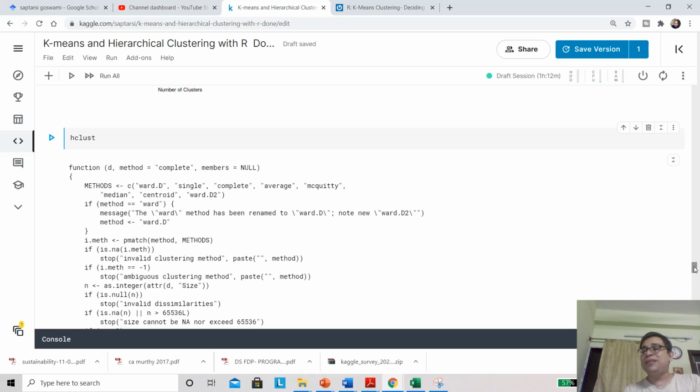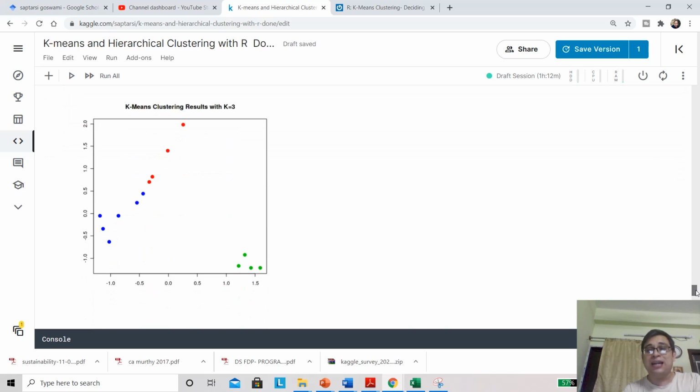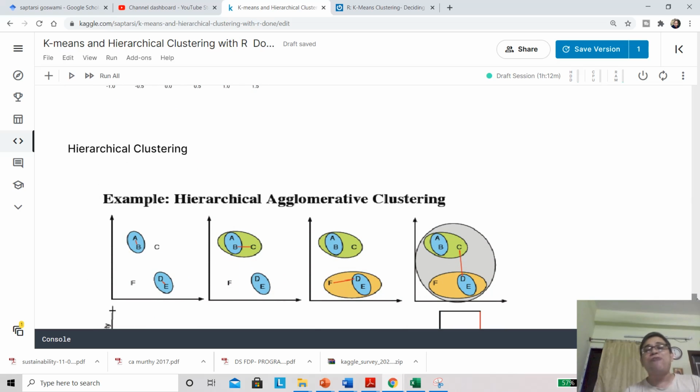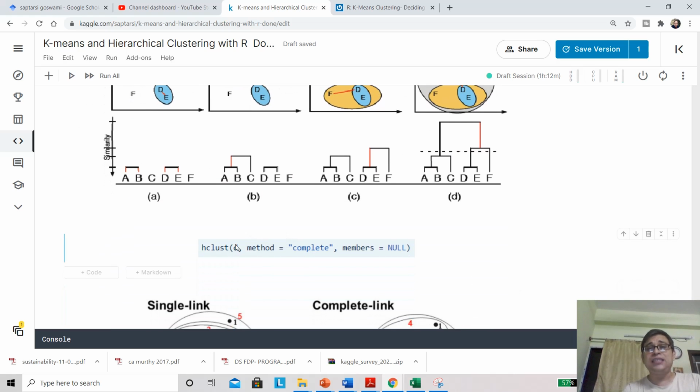So all these methods you can try out, and your agglomerative clustering is not actually one clustering but a family of clustering algorithms. So this is one of the advantages. Now there is one more thing. The D that we were using here is actually a distance metric.